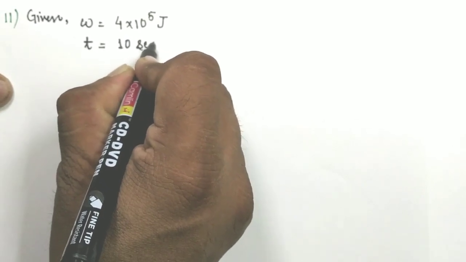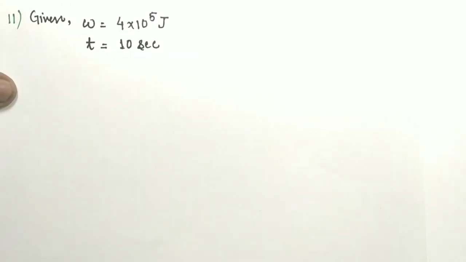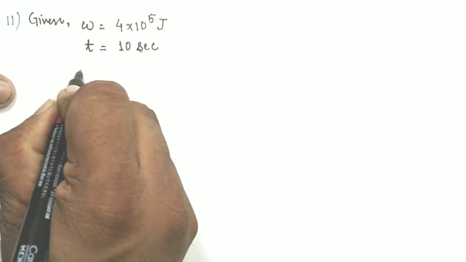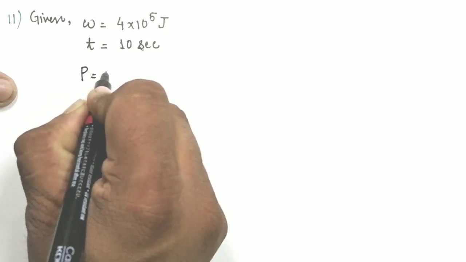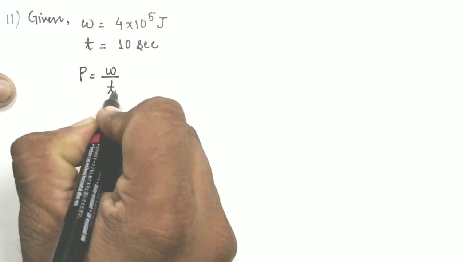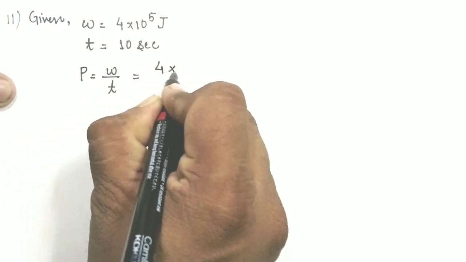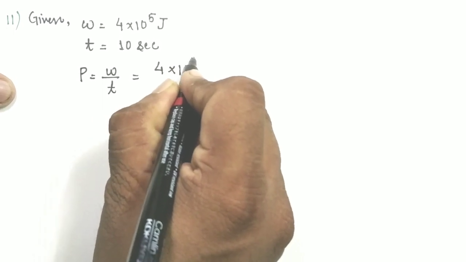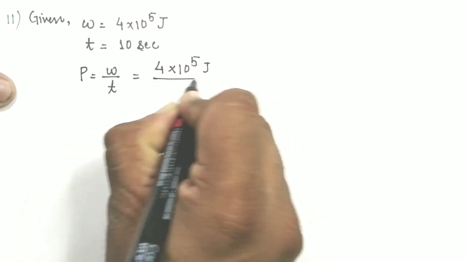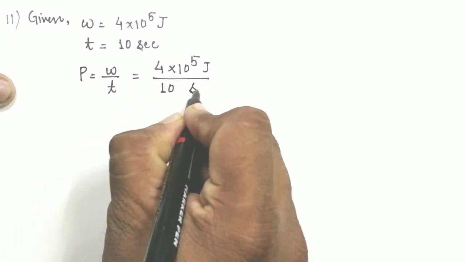We have to calculate what will be the power of the pump. So students, in order to calculate, power is equal to work done upon time, that is, energy consumed per unit of time. Here energy consumed is 4 into 10 to the power 5 joule upon time t, which is 10 seconds.